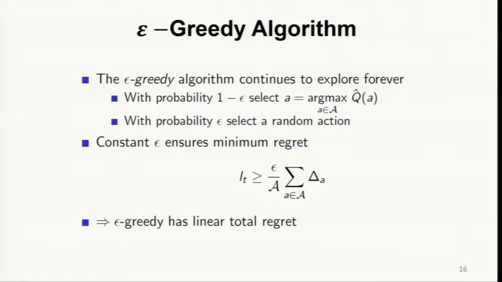And then with 10%, you're going to choose a random action. For example, if you have 5 actions, you just randomly choose among these 5 actions. This is called exploitation, and this is called exploration. So constant epsilon ensures a minimum regret, okay? And epsilon-greedy has linear total regret too.